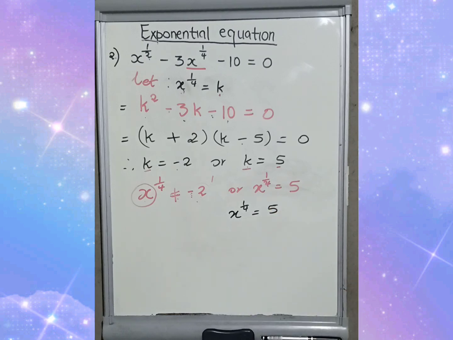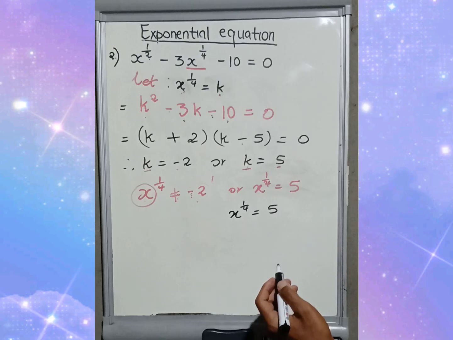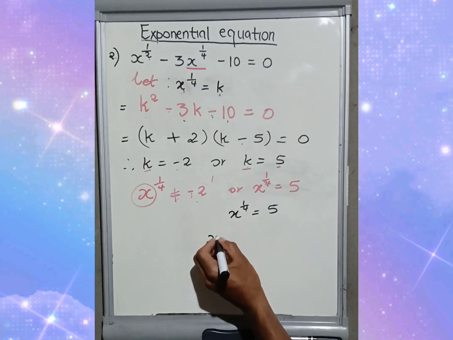It's very simple. If we have this rational exponent, we normally do the inverse operation of the exponent. What's the inverse operation of exponent?